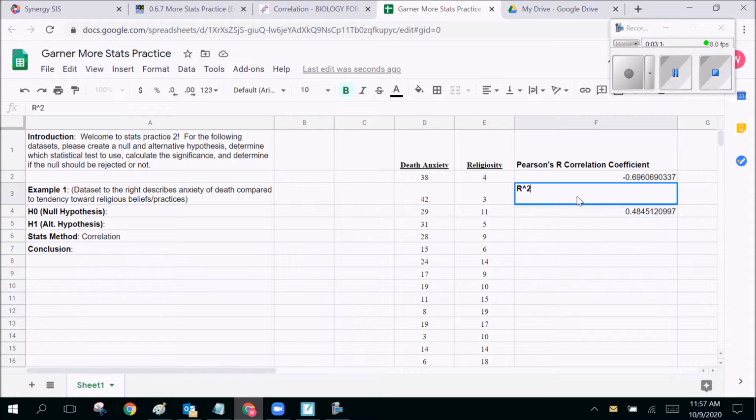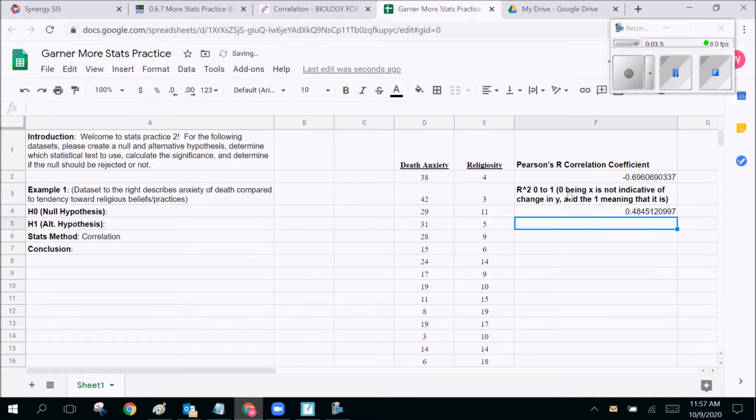This scale goes from 0 to 1, with 0 meaning that the X is not indicative of change in Y, and the 1 meaning that it is. Okay, so hopefully that's an okay description for just for now.